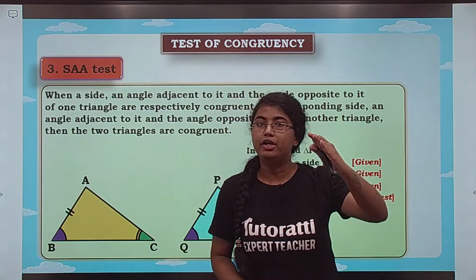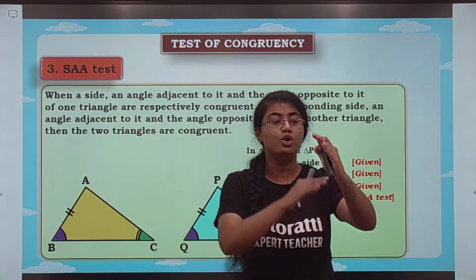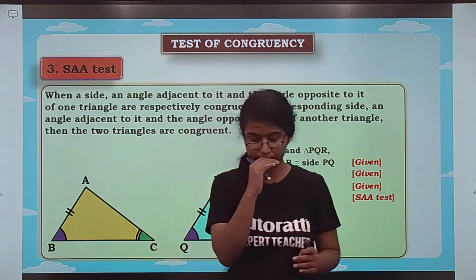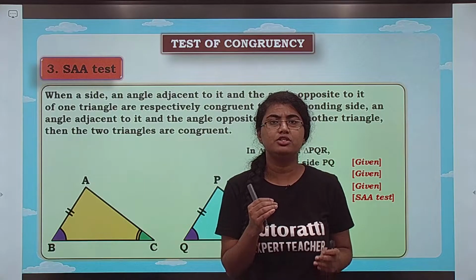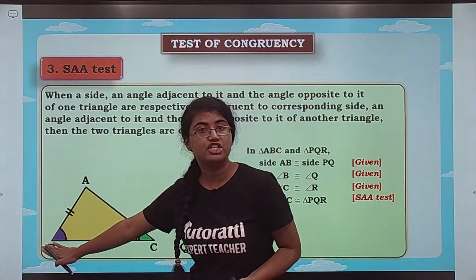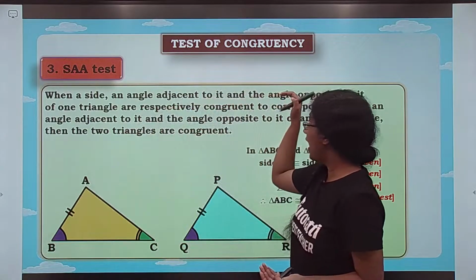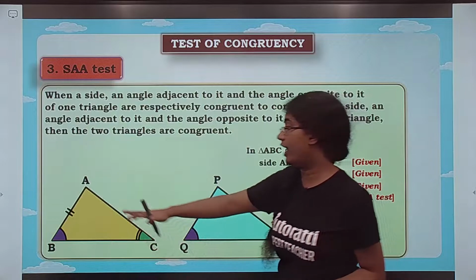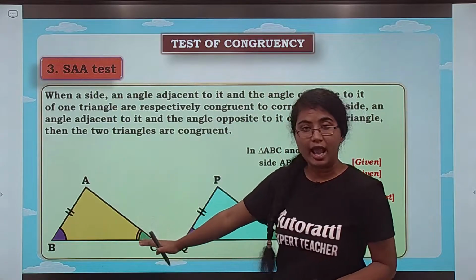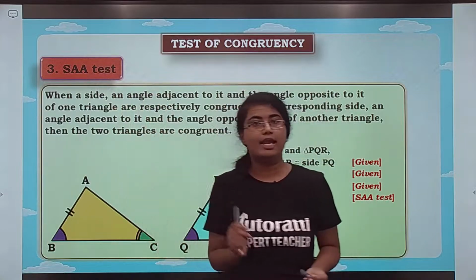So you take a side, whichever side is given to you, and the angle adjacent to it. What does adjacent mean? Adjacent means neighboring, right? So side and its adjacent angle and the angle opposite to it. So these two angles have to be considered in the SAA test.